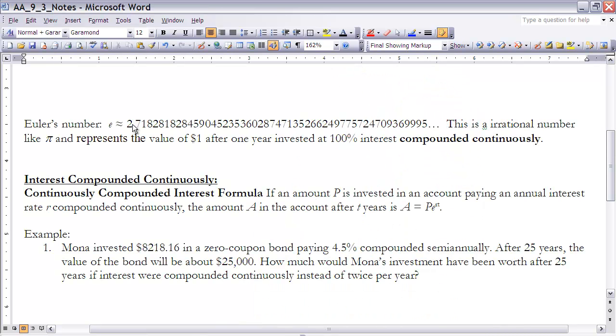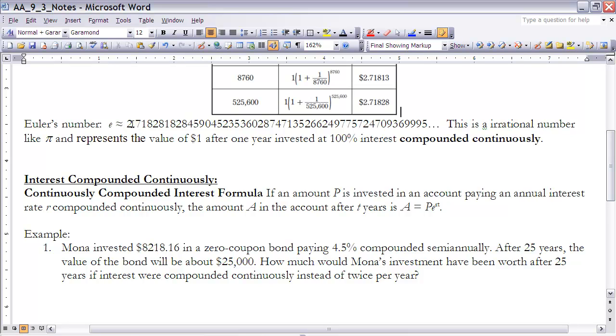So the activity leads to Euler's number, which we call e, and e is this number, 2.718 and so on. It's just like pi, a non-terminating, non-repeating decimal that will keep going forever, and it represents the value of $1 after 1 year invested at 100% interest, compounded continuously.